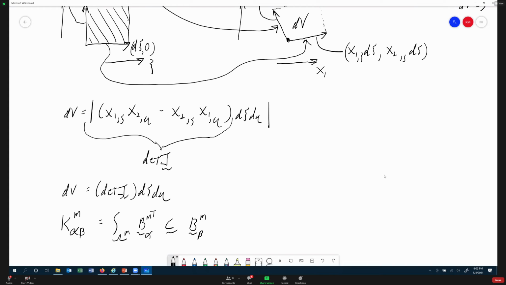So B beta m transpose, material stiffness matrix, B beta m dV is equal to the integral over omega of B alpha m transpose C B beta m.